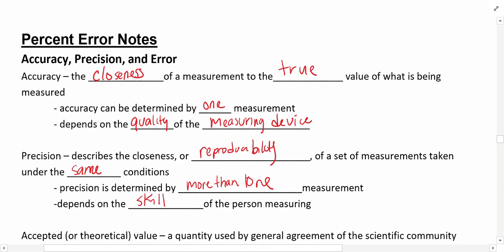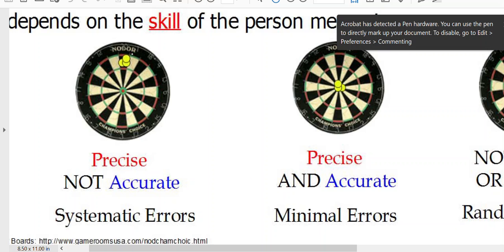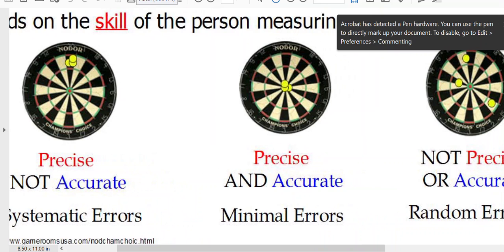If you're thinking of a dartboard, if you're precise but not accurate, your darts are all hitting the same area, but they're not hitting the intended target. Our goal is to be precise and accurate with all of our measurements.